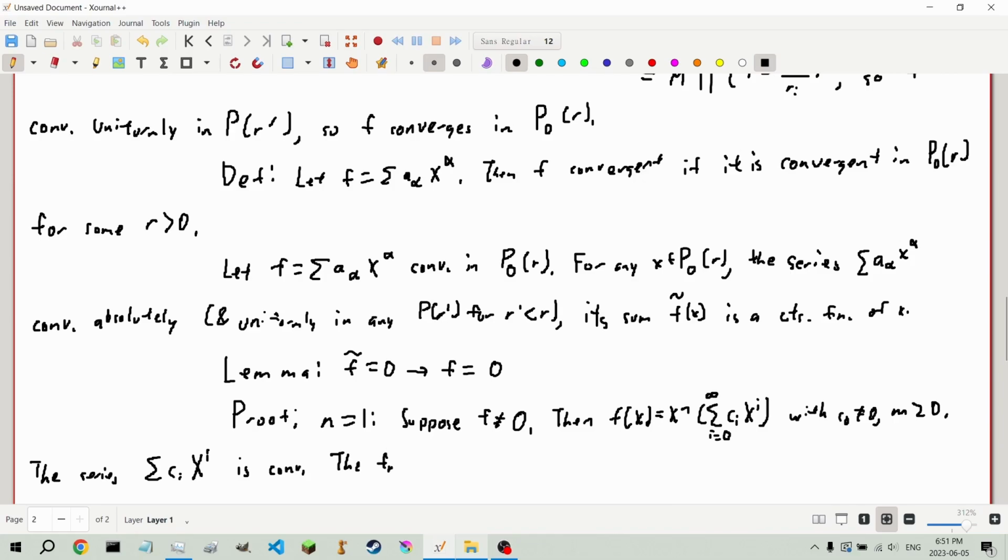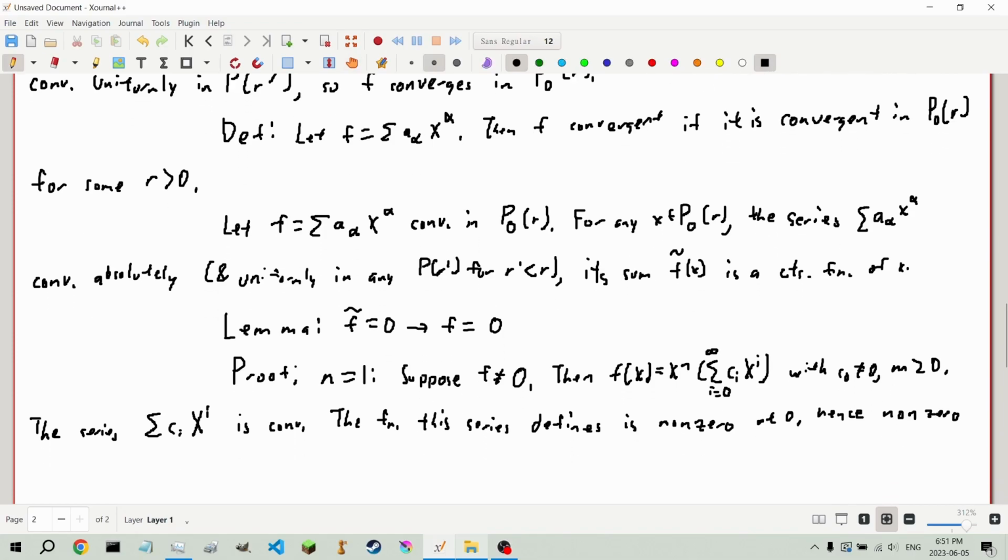The function this series defines is non-zero at 0, and hence non-zero in a neighborhood U of 0 by continuity.